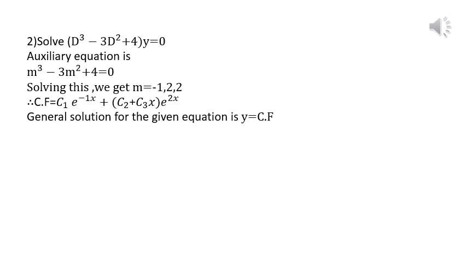Multiply 2 and minus 1 and write in the third place. Then add vertically 0 and minus 2 gives minus 2. Then multiply this minus 2 with the root we already arrived, 2. 2 into minus 2 is minus 4. Write that minus 4 in the fourth place.